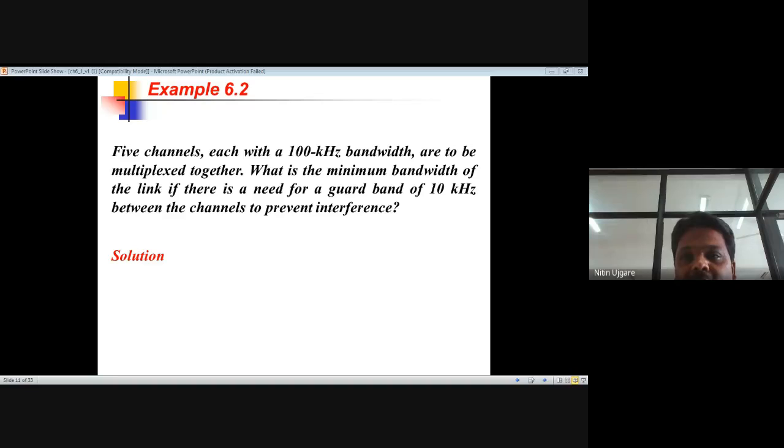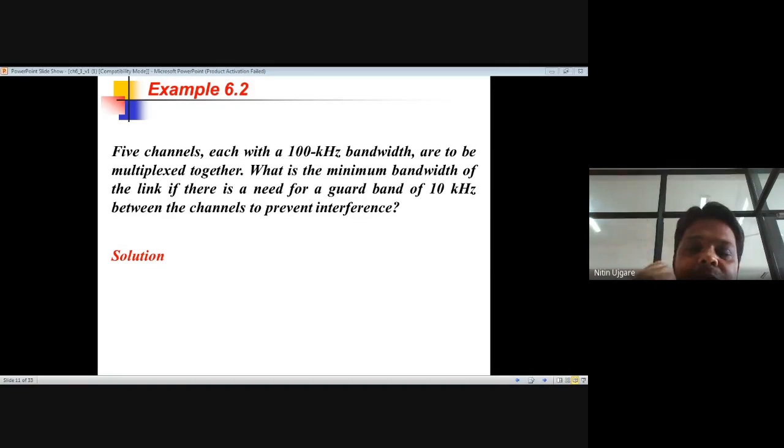Any guess? Just think of it. That means your transmission medium, your link, which is used to connect your sender and receiver, should accommodate 5 channels. Now each channel's bandwidth requirement is 100 kilohertz.